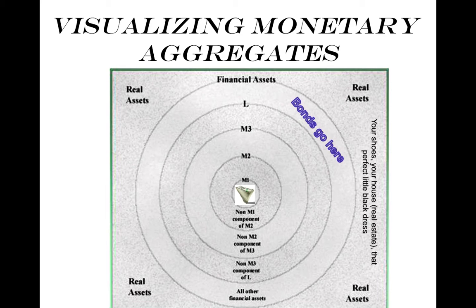If you look at the middle of the target next, you can see a little picture that I found of a giant stack of money which showed up earlier in the PowerPoint. That reminds you that currency that's in circulation is part of M1. Then you can see that everything in M1 is included in M2, along with some non-M1 components of M2, notably savings deposits. Then you could go outward to M3 or MZM.